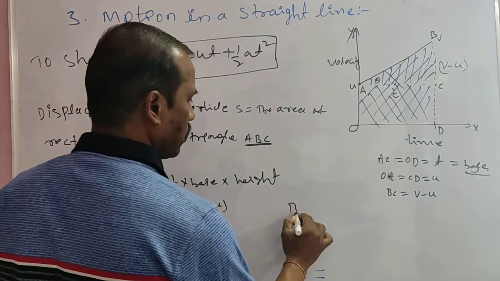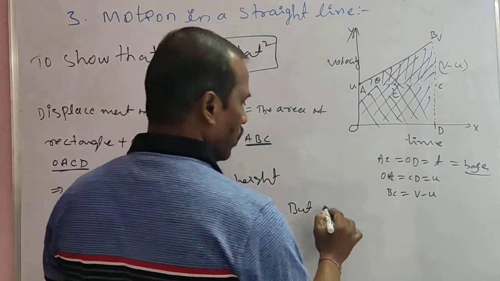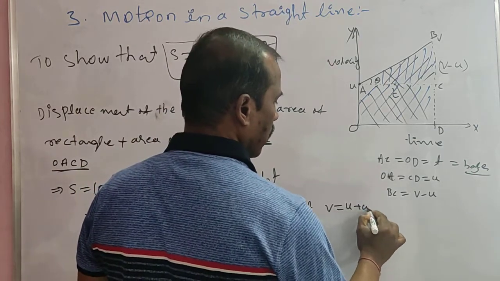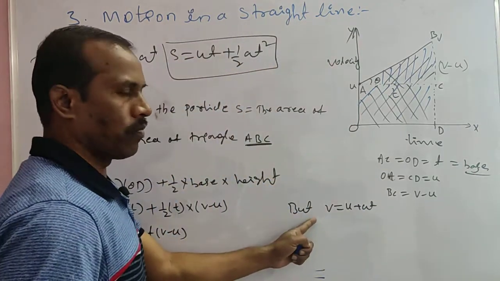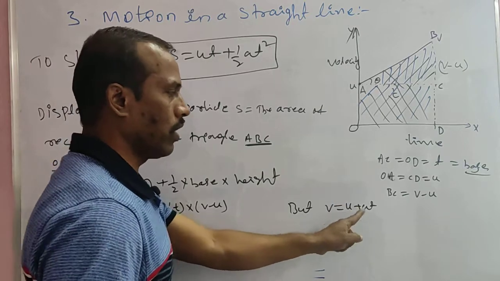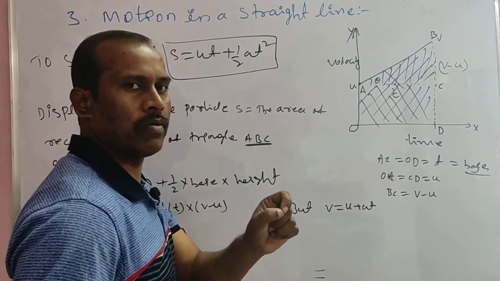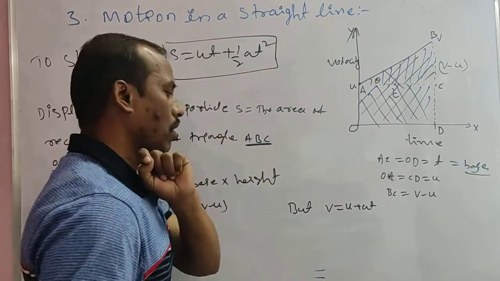But V is equal to U plus AT, where V is the final velocity, U is the initial velocity, and A is the uniform acceleration, nothing but constant acceleration.